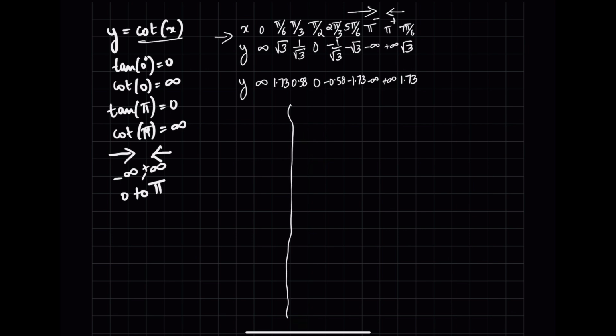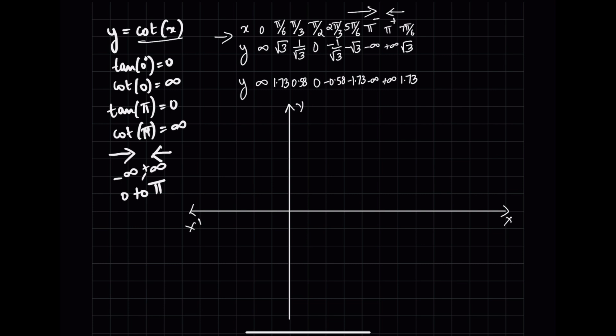So this will be my y-axis. This will be my x-axis. So x dash, y dash, and this is 0 degrees. Now let's start to mark this. Every unit would be 30 degrees.